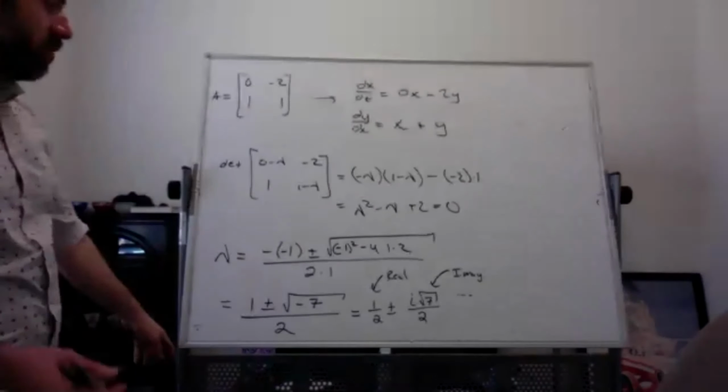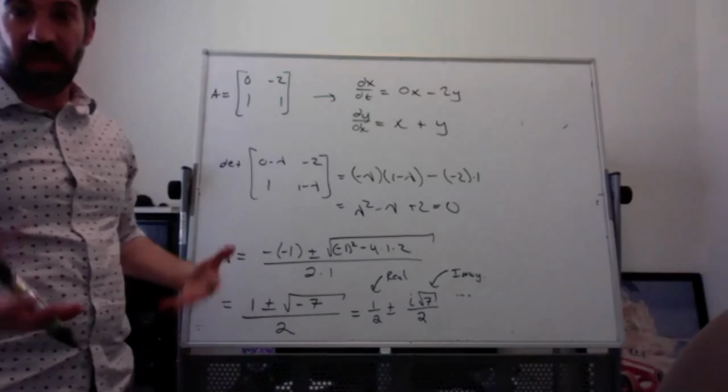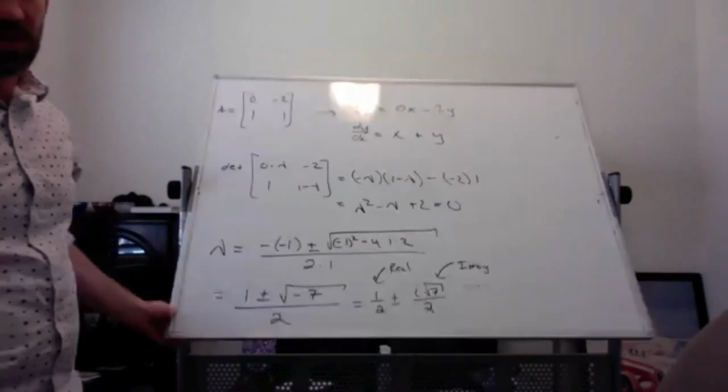So we're not going to find the eigenvectors, but we're going to pretend like we did. The solution's still going to be the same.